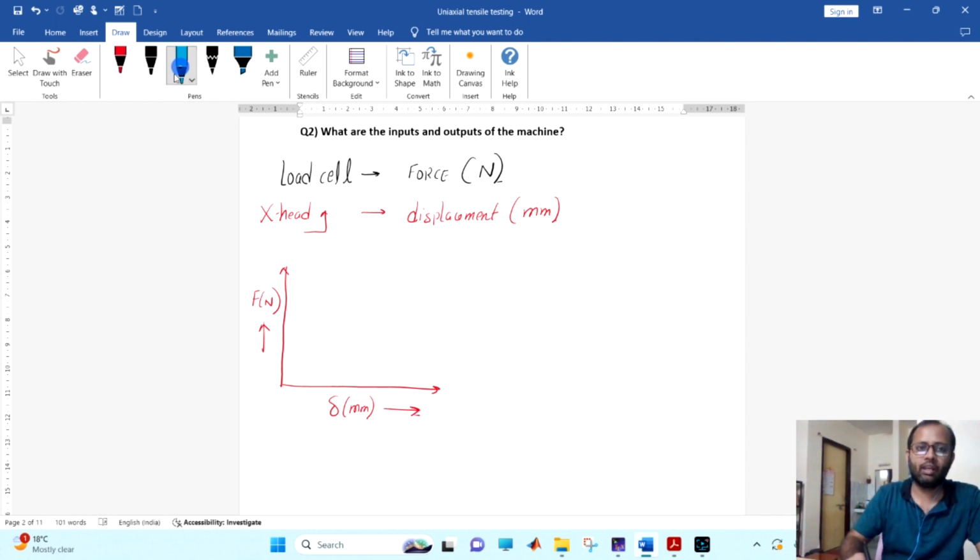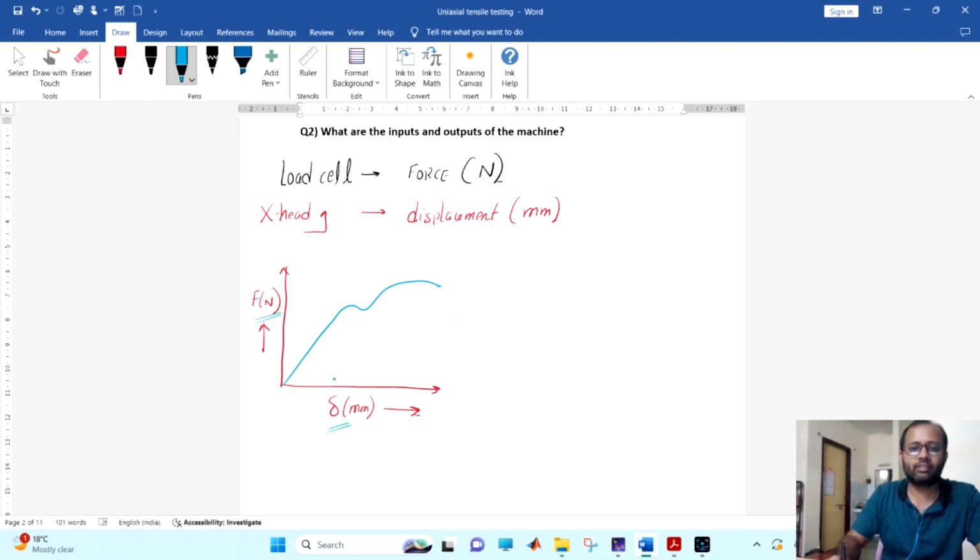We will get values that can form a curve; this is some ductile material curve, and we can get different curves. So we are getting force versus displacement. We know that the higher the cross-sectional area, the more force will be needed.